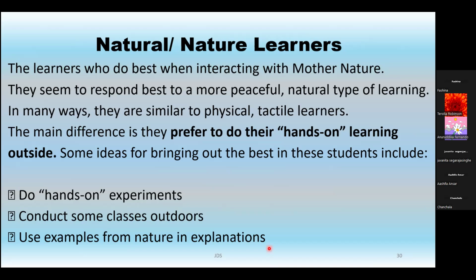Which ones are text dependent? Visual. Which ones perform well when they work outdoors? Natural learners. Tell me a characteristic of an auditory learner.